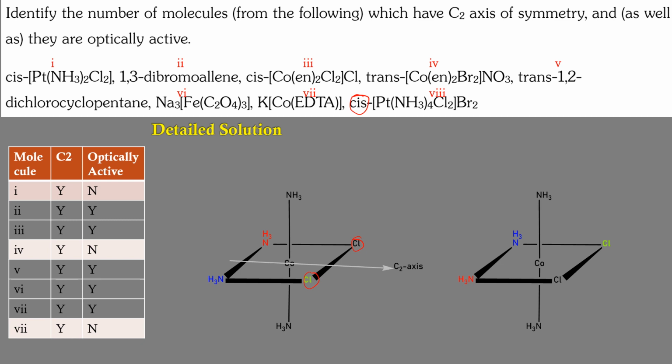They will be swapped, they will be identical, and 1 chlorine from the front goes onto the back side, another chlorine from the back side comes front, and this NH3 goes onto the back side, that NH3 comes over here. Molecule number 1, molecule number 2, exactly identical after rotation by 180 degree. This is going to be our C2 axis of symmetry.